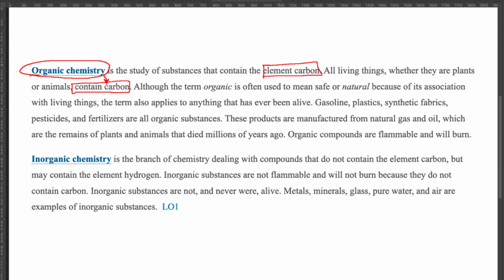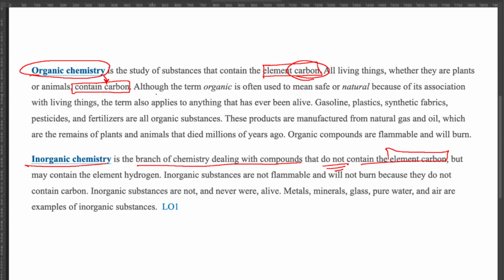Organic chemistry has carbon in it. Inorganic chemistry is a branch of chemistry dealing with compounds that do not contain the element carbon. So the carbon is absent in that.